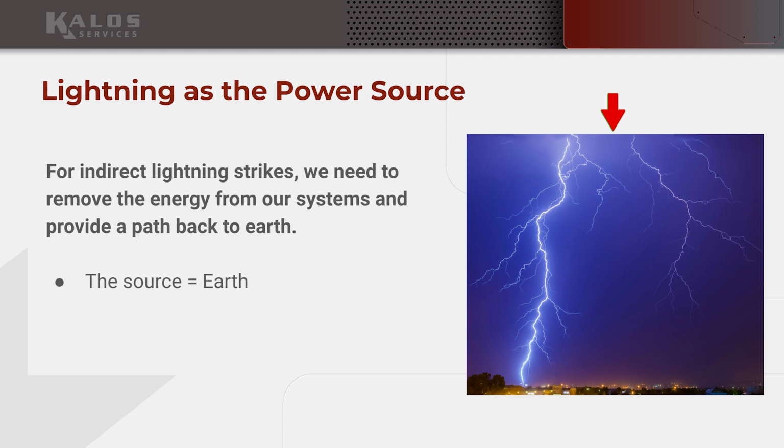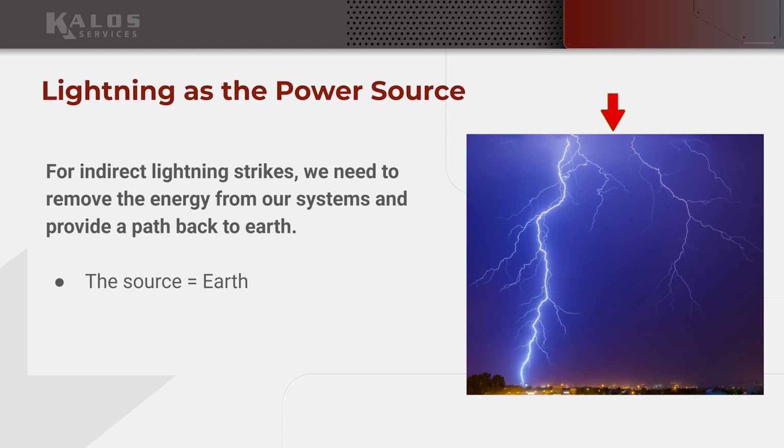If we have an indirect lightning strike, that's a massive amount of energy. It's going to have its own EMF, if you will, that will excite electrons in metal parts of structures. Those electrons need to get back to the source, back to Earth safely.